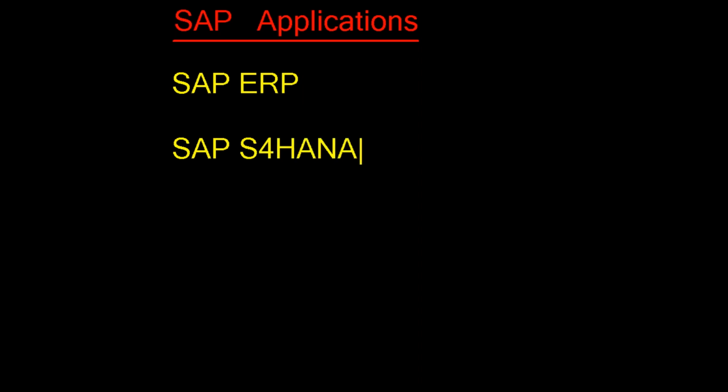The first one is SAP ERP, and the second one is SAP S/4HANA. We have other applications also, but mainly these two are very popular. First we'll discuss what is ERP.